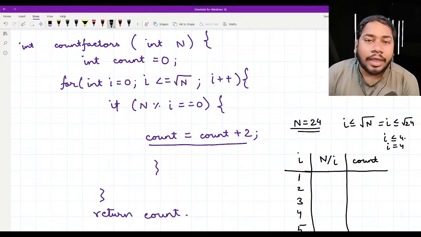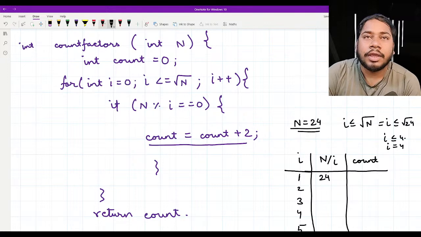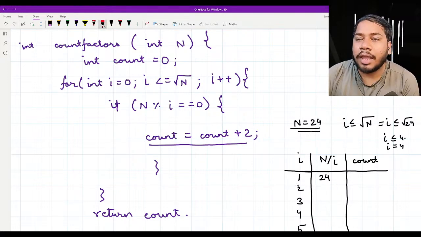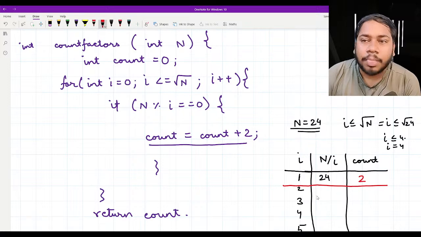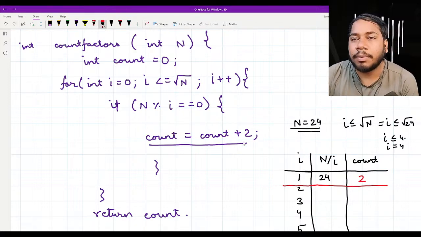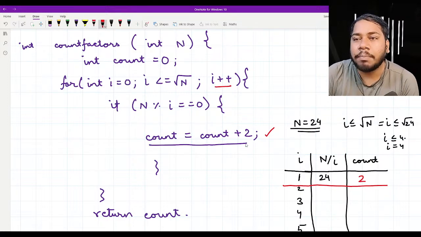So if I is 1, n by I value is 24. And if that is the case, then we will increment count by 2. So count will be 2 now. Again go in, do I plus plus. Now I will be 2.